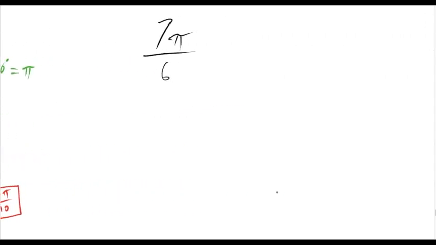Let's do 7 pi over 6. Sketching out 7 pi over 6 is going to land me here in the third quadrant. Let me do the blues. The nearest x-axis is this one over here.